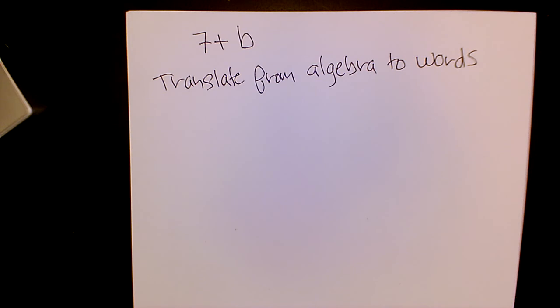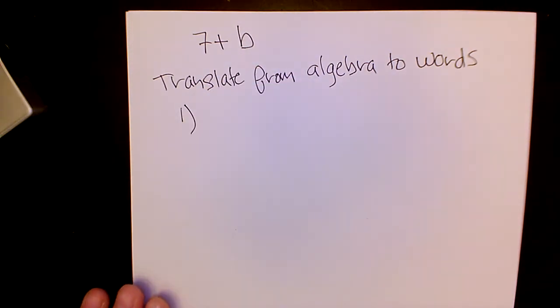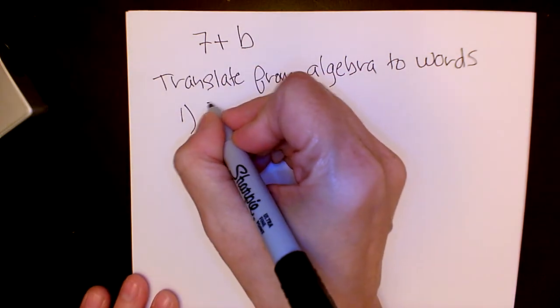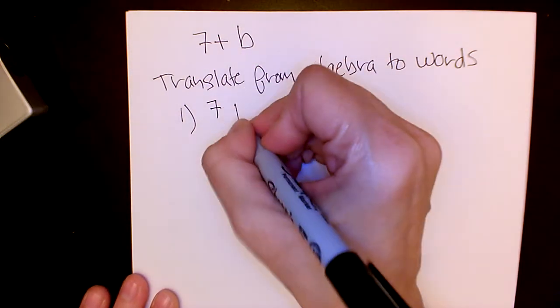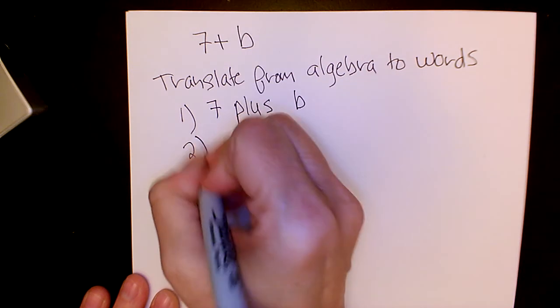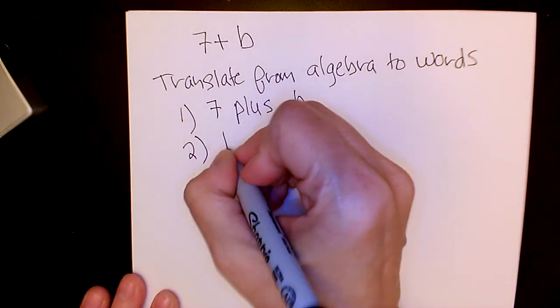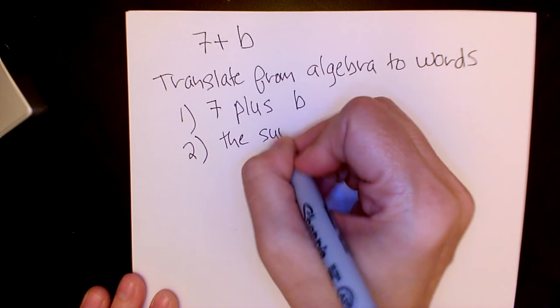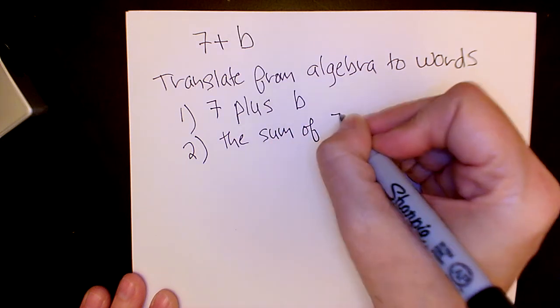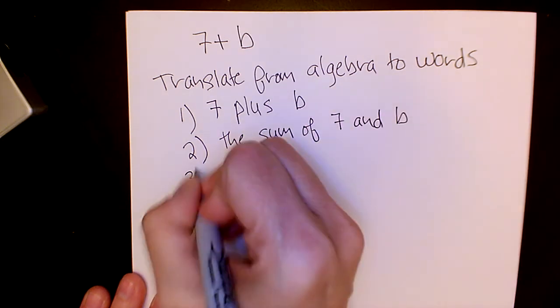There was a bunch of words that we learned, I believe, in 1.2 for addition. So we could say 7 plus b. We could say the sum of 7 and b.